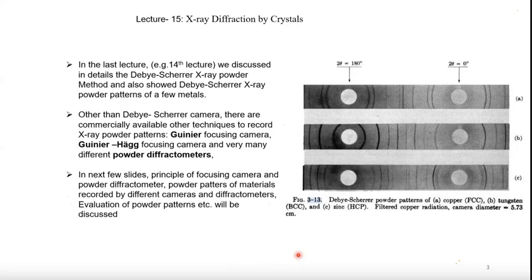Well, in the 14th lecture, the last lecture, I discussed the Debye-Scherrer X-ray powder method and showed Debye-Scherrer X-ray powder patterns of a few metals. For example, this one: A is copper metal, its Debye-Scherrer pattern; B is tungsten, its Debye-Scherrer pattern; and C is zinc, its Debye-Scherrer powder pattern.